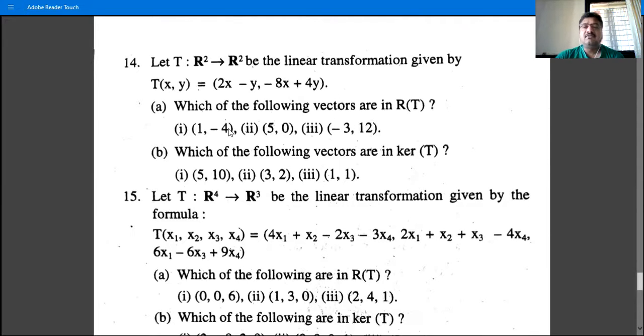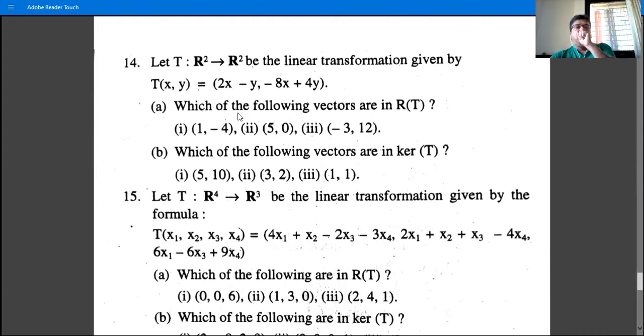The vector (1, -4) belongs to the range of T if it has a pre-image, that is, there exists some element (a, b) in R2 such that T(a, b) = (1, -4).